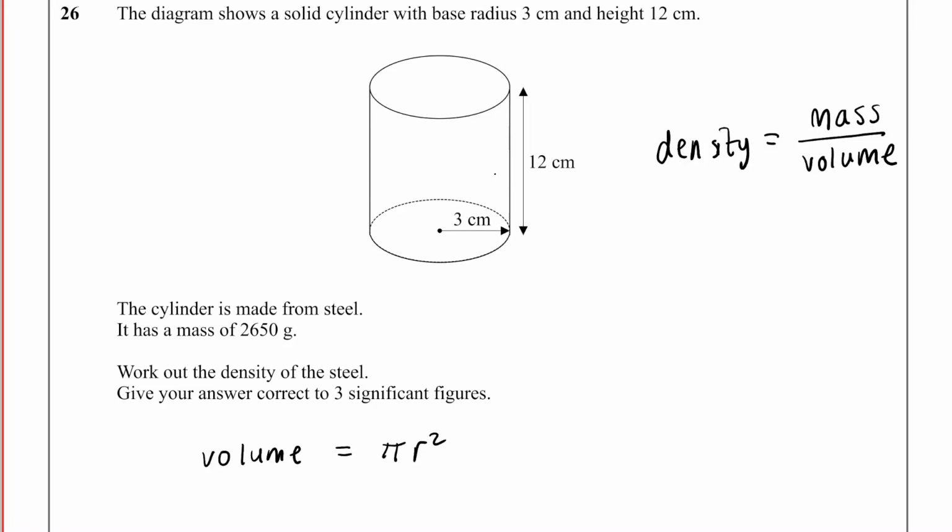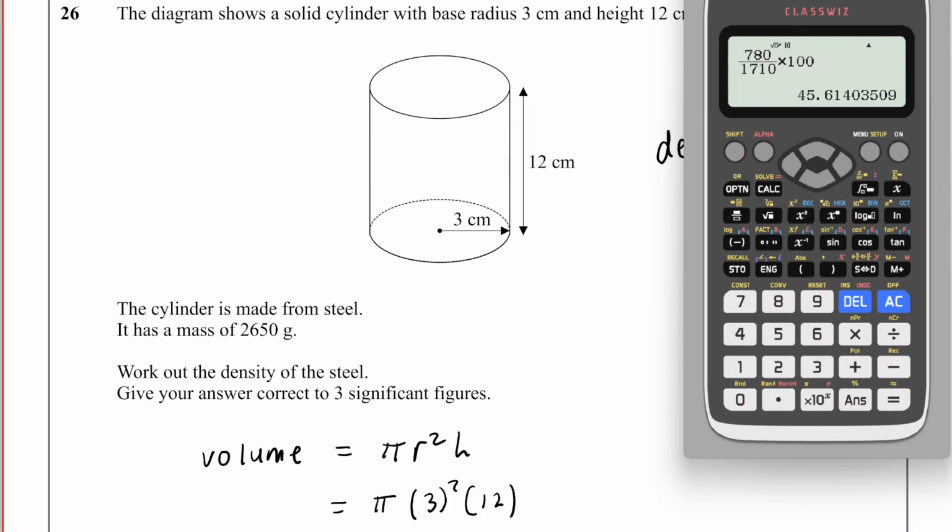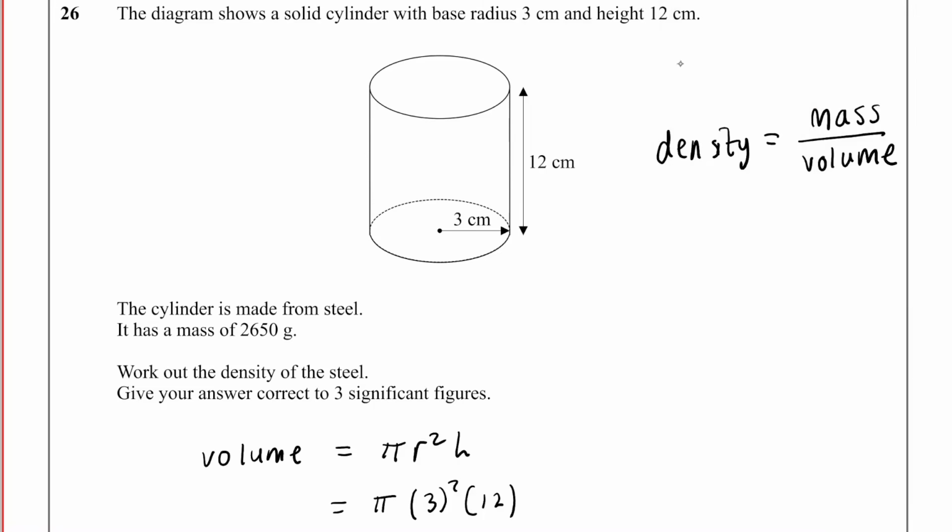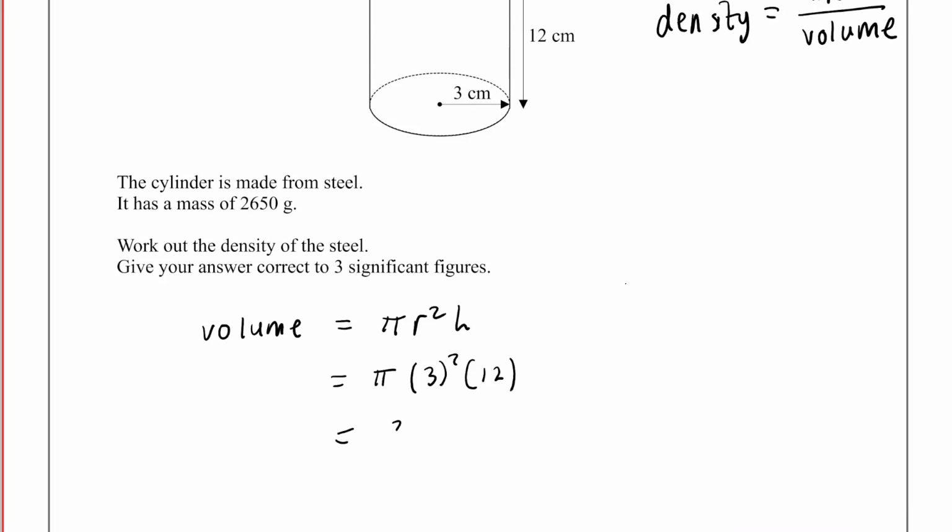So it's pi times 3 squared times 12, which is 108 pi, or as a decimal, 339.3 centimeters cubed, its volume.